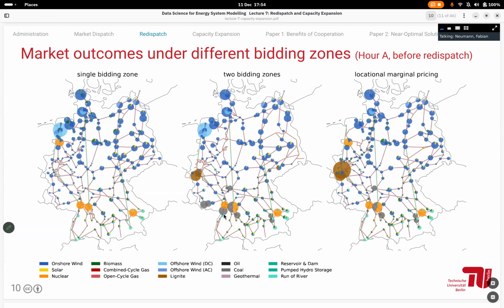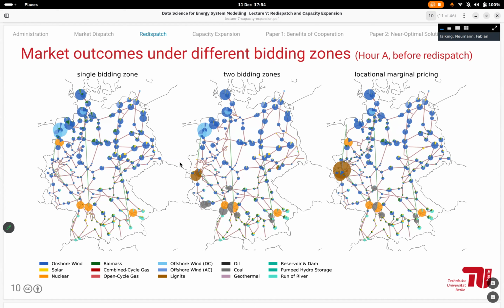And the reason for that is that somewhere along this line here, the model can see the transmission bottleneck and already anticipates that it needs to take some actions to make the market outcome feasible, and can directly incorporate any bottlenecks along this line where we cut.